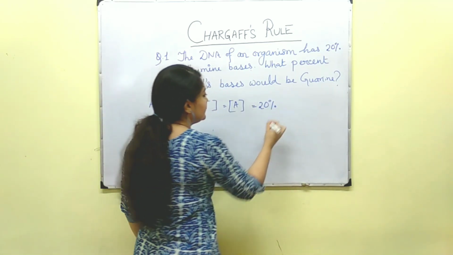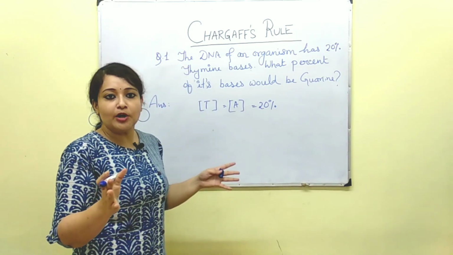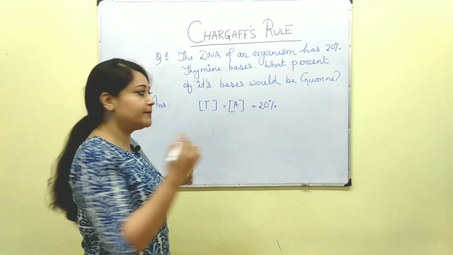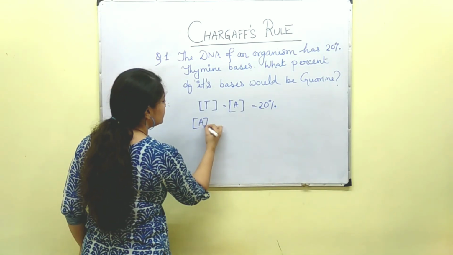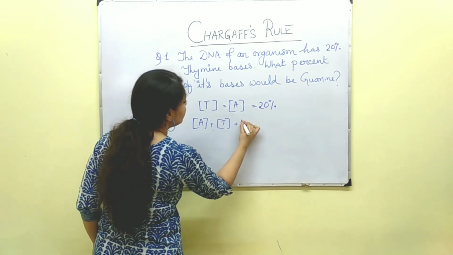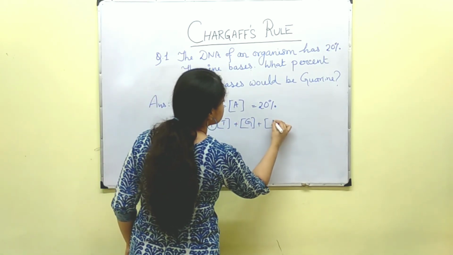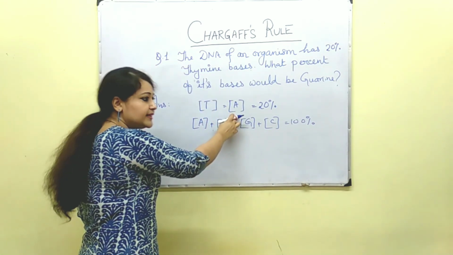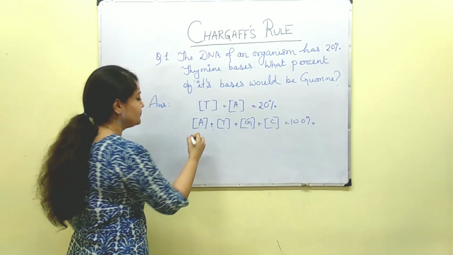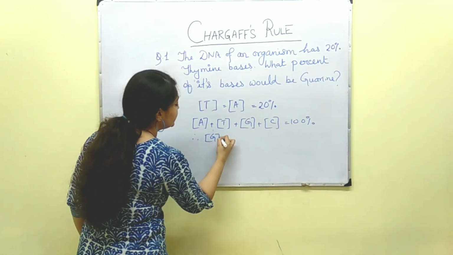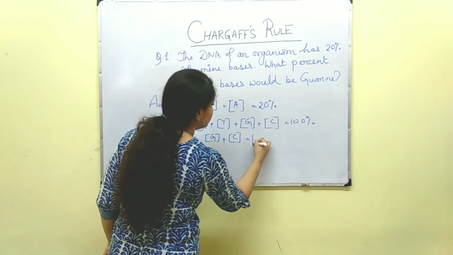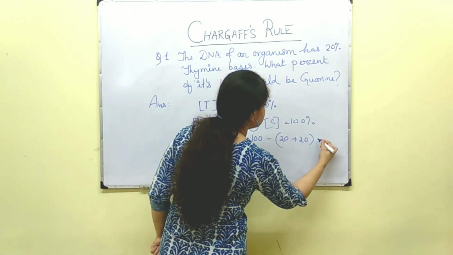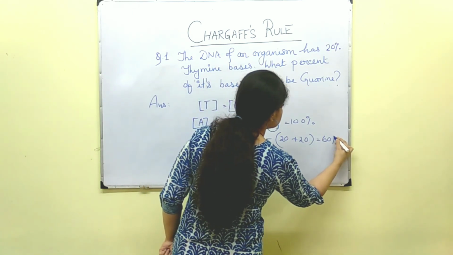Okay. Now see the total percentage of all the bases, right? Adenine plus thymine plus guanine plus cytosine is of course 100%. So let me just write it here: adenine plus thymine plus guanine plus cytosine is 100%. Now we know that adenine and thymine both have 20% each. Therefore, guanine plus cytosine would be 100 minus (20 plus 20), that is equal to 60%.